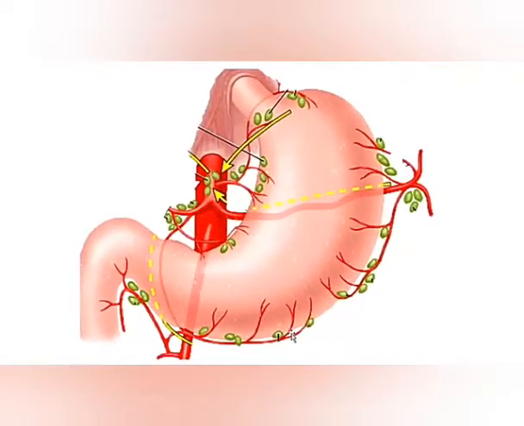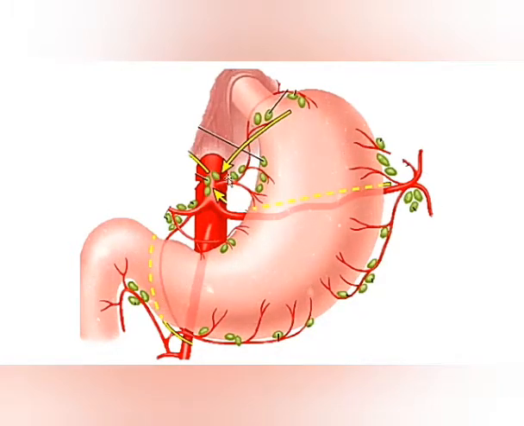So this is the right gastroepiploic artery draining into the subpyloric group of nodes. The left gastroepiploic and the splenic and the short gastric arteries go into the pancreatico-splenic group of nodes.